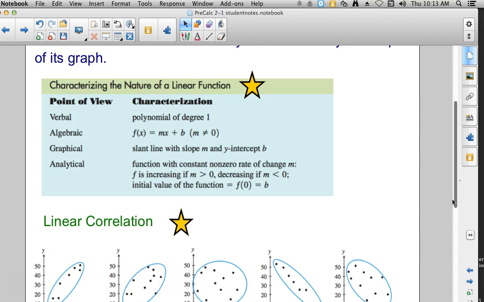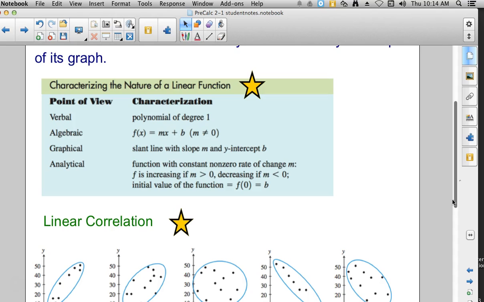That's like the quick graph. You start at b, use the slope to get a point. Analytical: it is a function with a constant non-zero rate of change m. And f is increasing if that slope is greater than 0, decreasing if that slope is less than 0, and the initial value of the function will be f of 0 equals b.